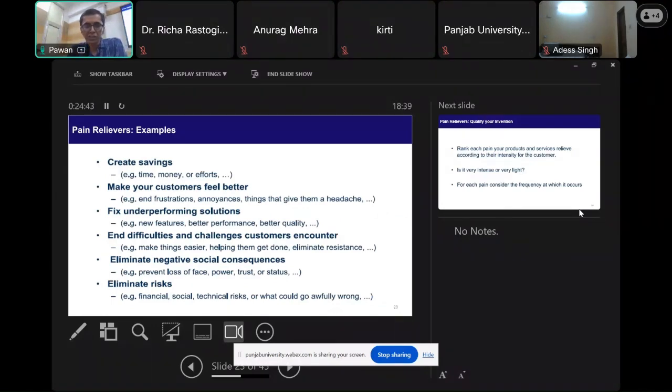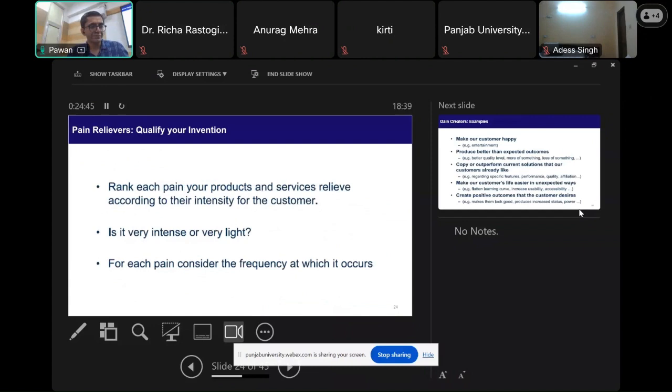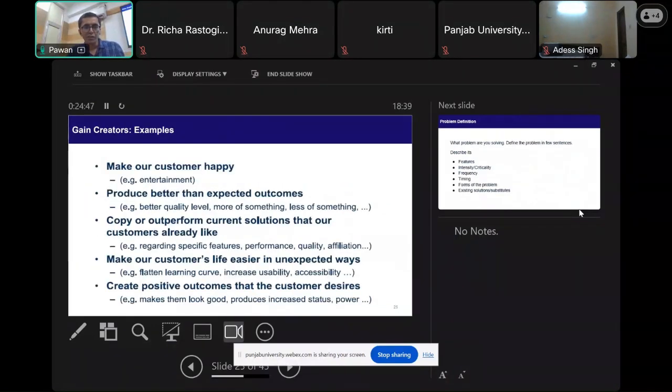Now let's look at the second aspect. The second type of value which you can deliver to your customer is you can provide some gains. Now, there is no pain in the area which you are selling, but you can provide some gain. For example, you could make customers happy.